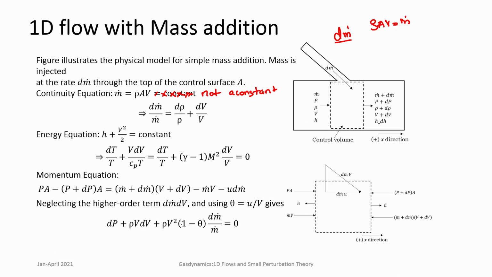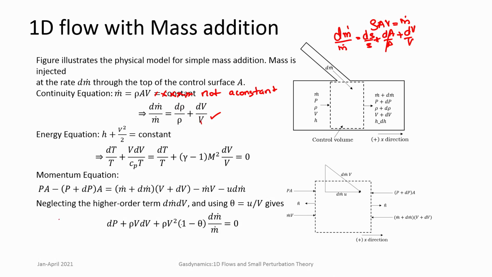So, d m dot by m dot can happen due to changes in density, change in area, and change in velocity. If you consider a constant area duct, then dA by A is 0. So, d rho by rho plus dV by V. So, changes in mass flow rate will get affected in terms of change in velocity and density.